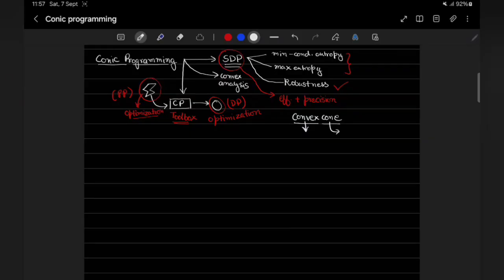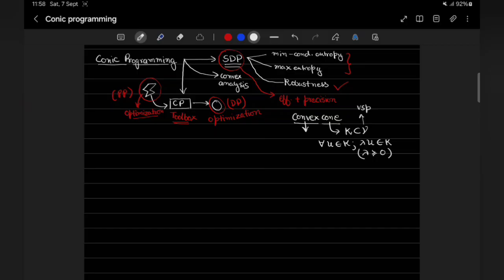What it means for it to be a cone is that, denoting it by K, it is a subset of some vector space V, such that for all u that belongs to K, if you scale it by a positive number, lambda u belongs to K, where lambda is greater than or equal to 0. So if you scale the elements by a positive number, they still lie in the set.